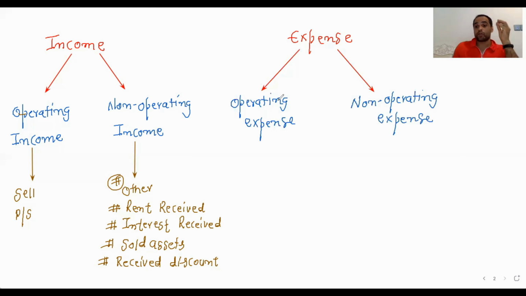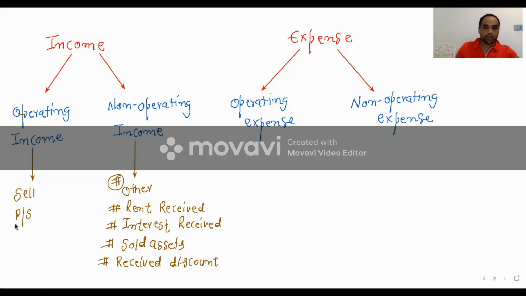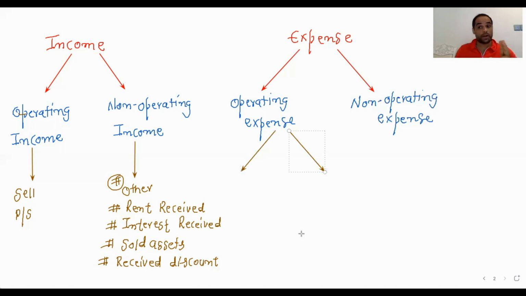Operating expense, of course, is the expense that belongs to product and service. Operating expense has two types. One is manufacturing expense, one is non-manufacturing expense.